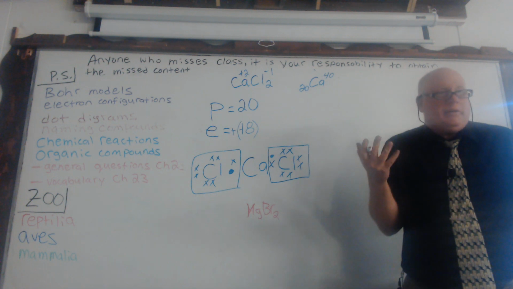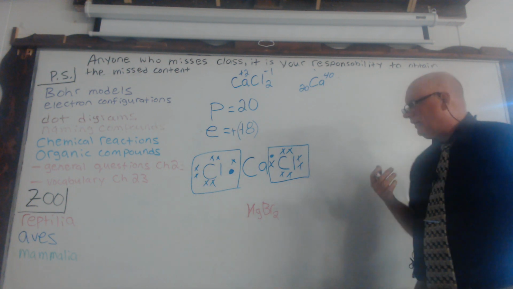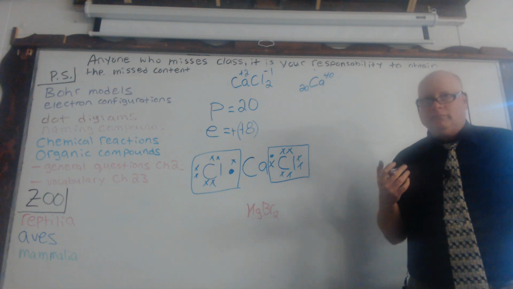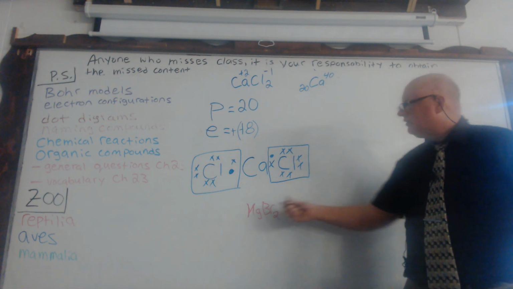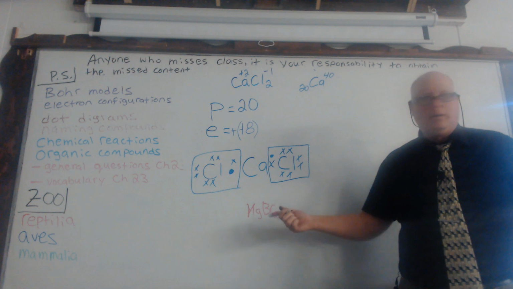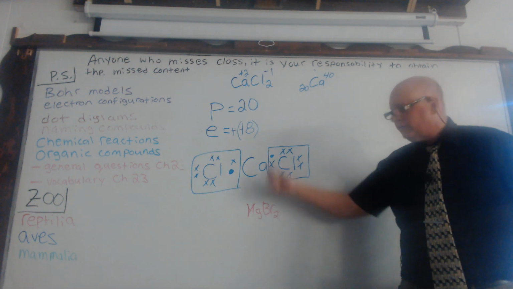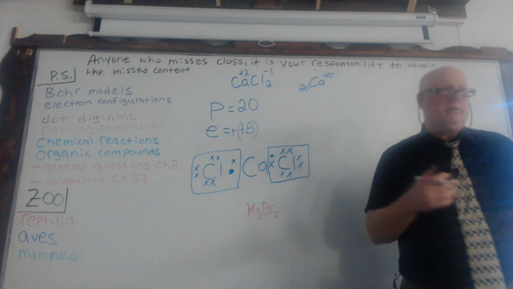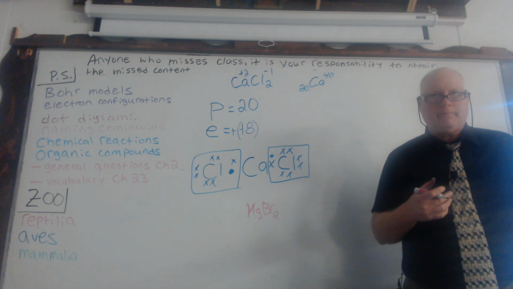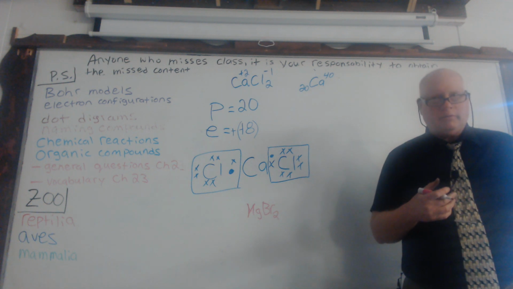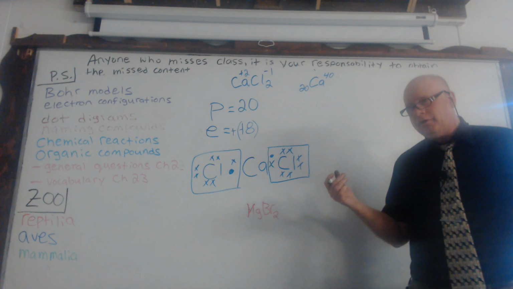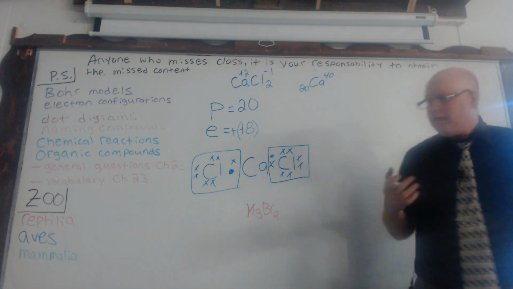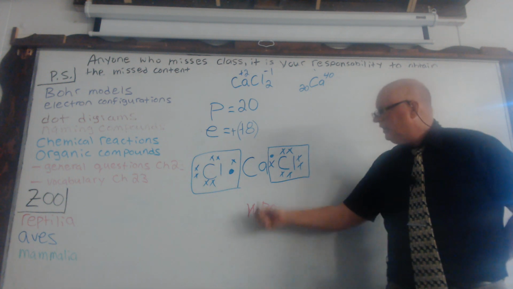Yeah, I agree. It would not be very difficult. Why is that? Because it's the exact same thing. It's just that we have different elements. Magnesium and calcium are in the same column. Why is that important? Because they're both alkaline earth metals, and they have 2 valence electrons, both magnesium and calcium.